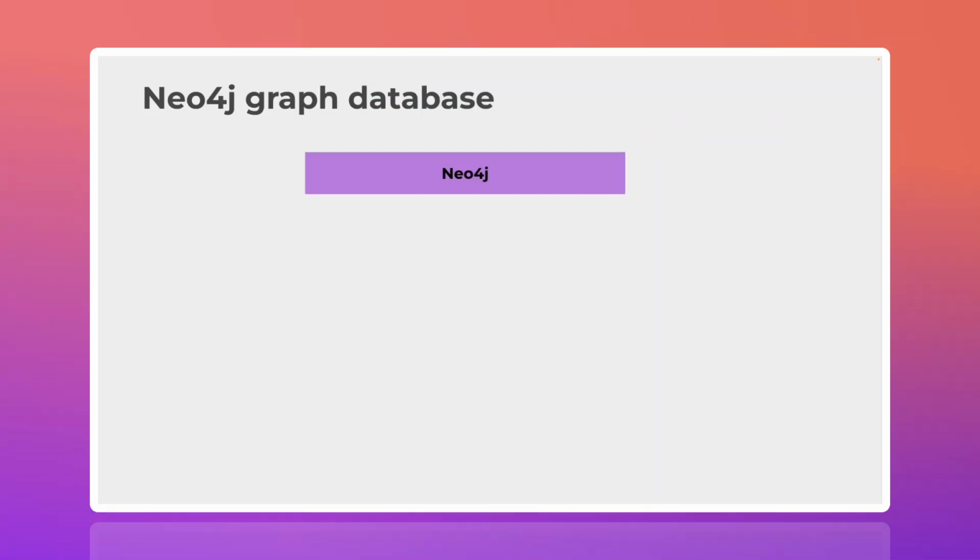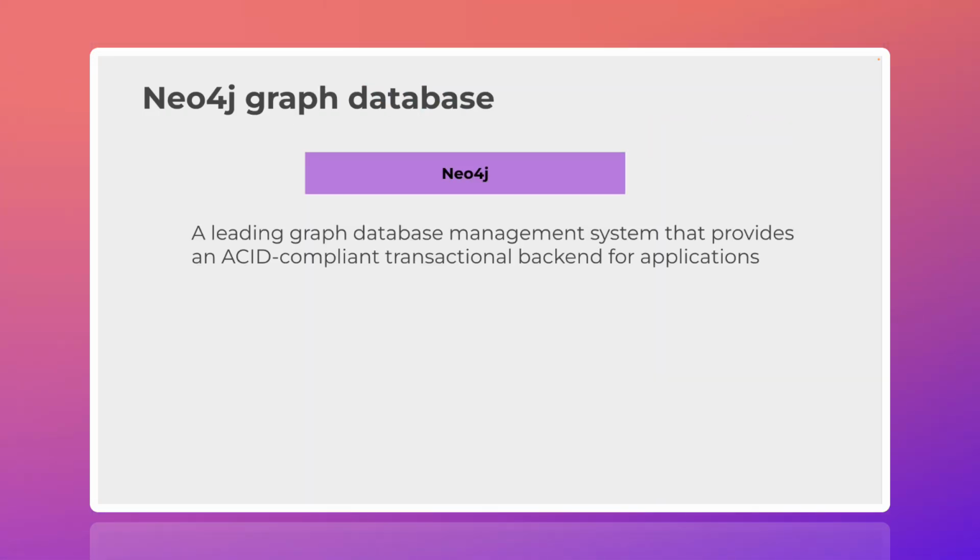So we talked about that we're going to be using a tool called Neo4j. What is that? Well, Neo4j is a graph database. So it's more than just a graph database. It is a graph database management system that has all the things set up for us to start doing very complex transactions on our data.